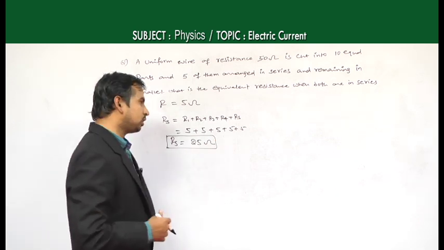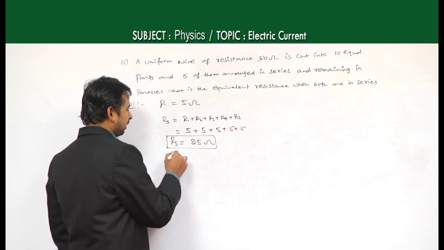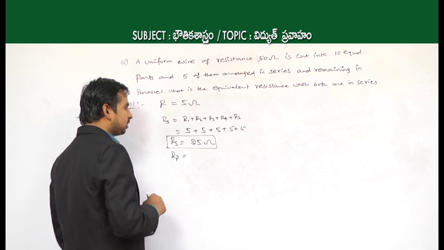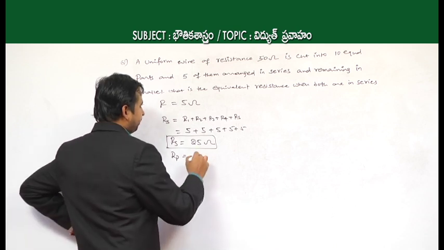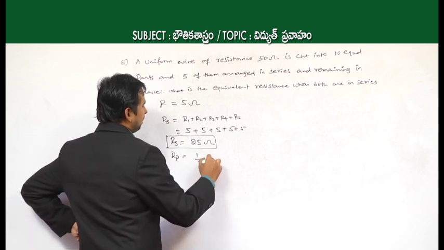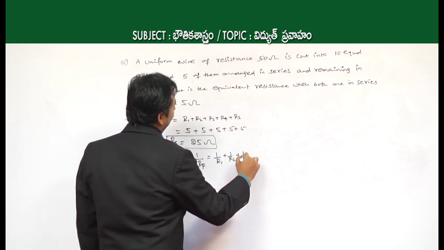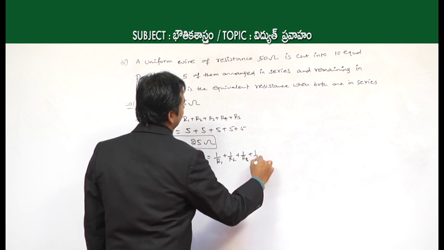Whereas, if you arrange them in parallel, again with the same 5 ohm resistors, we know that 1 by Rp is equal to 1 by R1 plus 1 by R2 plus 1 by R3 plus 1 by R4 plus 1 by R5.